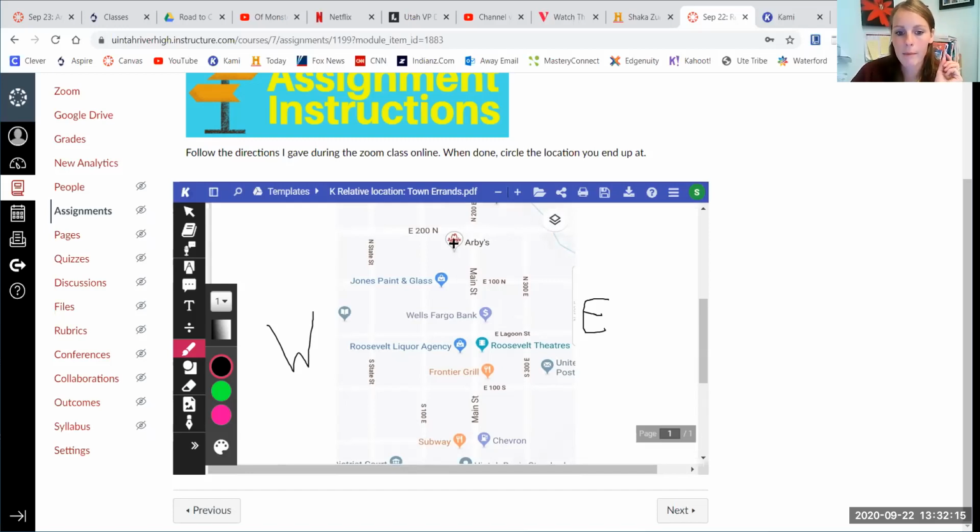So Leland, tell me which business is just to the south of Arby's, which means down. And the businesses have those little bubbles right there. So which business is just barely to the south of it? The closest building to the south.